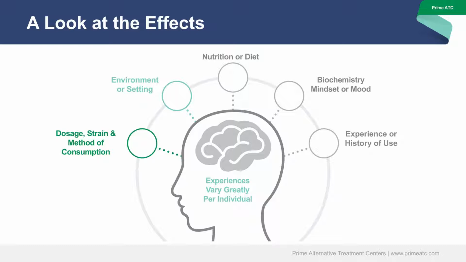The amount used, which is the dosage, the strain of cannabis used, the method of consumption, the environment and setting in which the product is consumed. Possibly most importantly, the experience and history of the cannabis user, the biochemistry of that user, their mindset or mood, their nutrition or diet, and of course the type of cannabis that is employed.